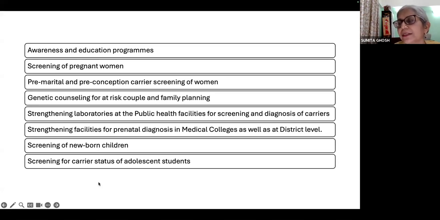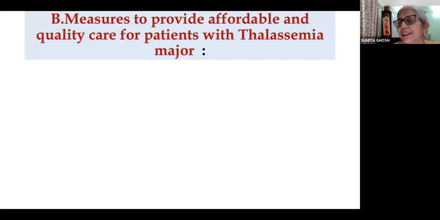So we heard that it is happening, but at present sustainability is an issue, as staff are not there or something like that. We heard, but it was supported under NHM. Then for adolescent students, there is an effort to do sickle cell screening.